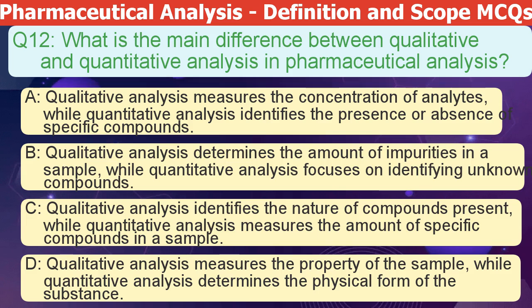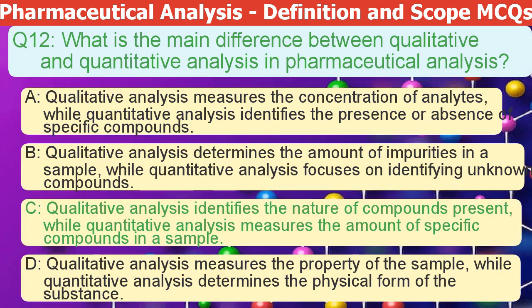C. Qualitative analysis identifies the nature of compounds present, while quantitative analysis measures the amount of specific compounds in a sample. D. Qualitative analysis measures the property of the sample, while quantitative analysis determines the physical form of the substance.